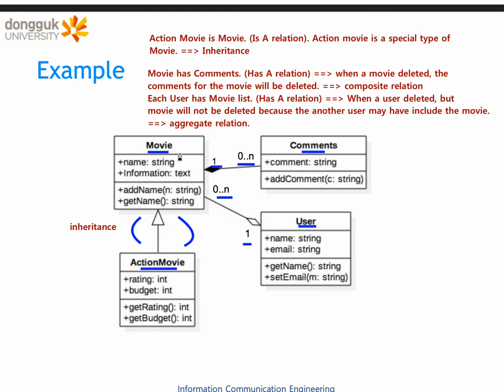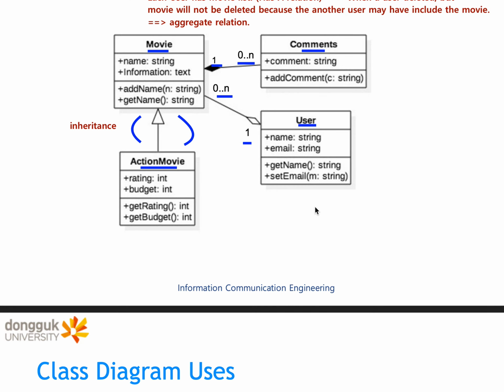Once you create this class diagram, it's not that hard to start coding, because you already have classes and method names, and what you have to do is just fill each method with your own logic.